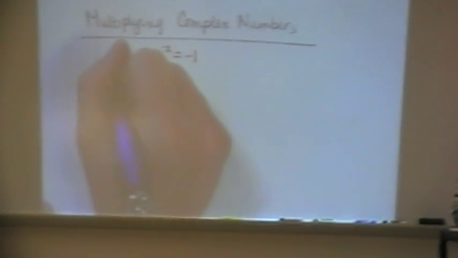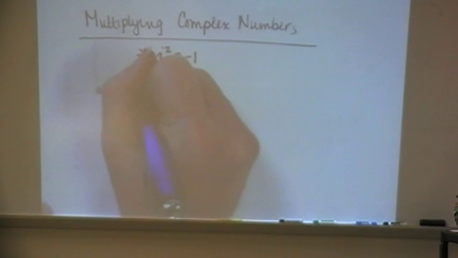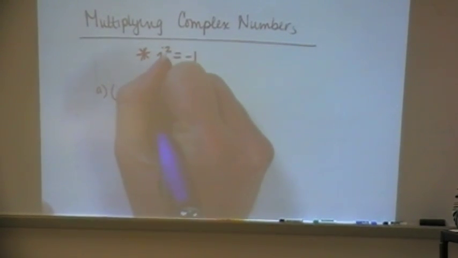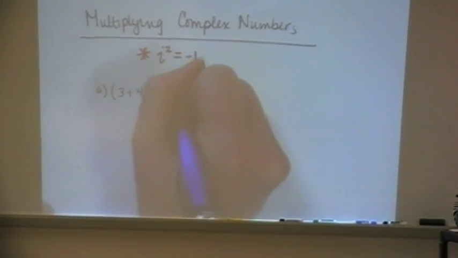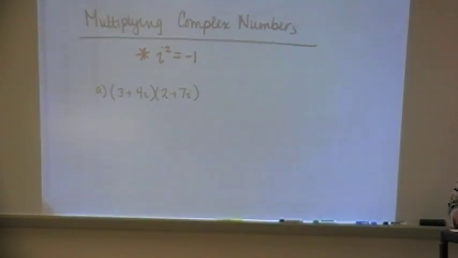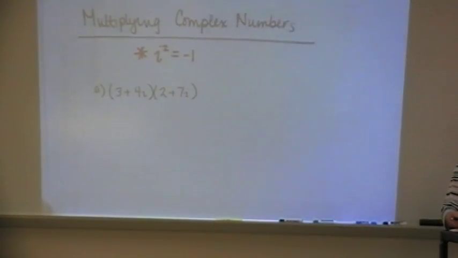That's going to come in handy here. Don't you go down and then over, i squared and negative 1? Yep.